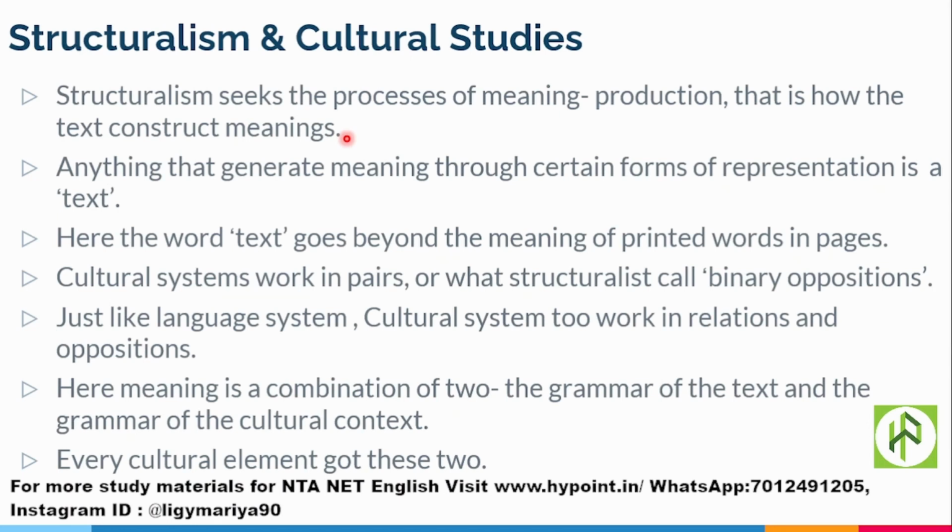So the structure of capitalism, the structure of empire, or colonialism, is what made Charles Dickens construct his work in such a way. That is the major structure there. So it's a process of meaning production.